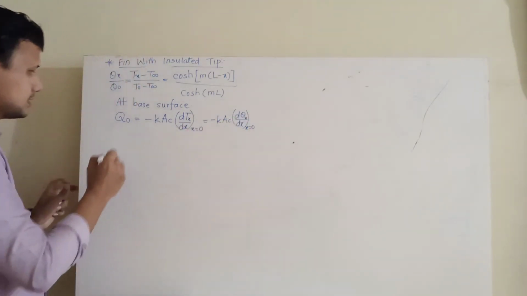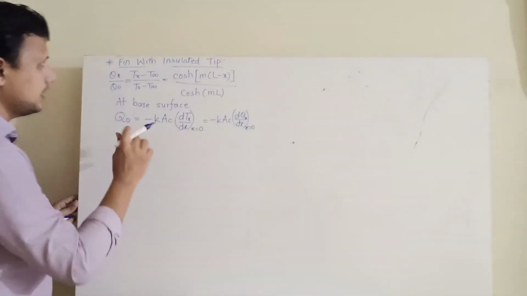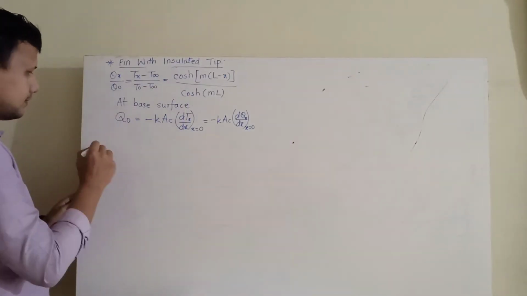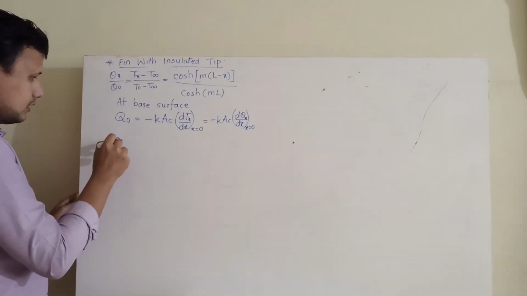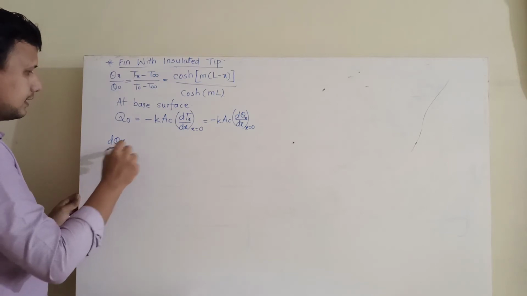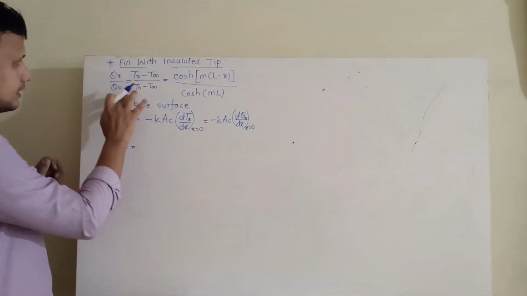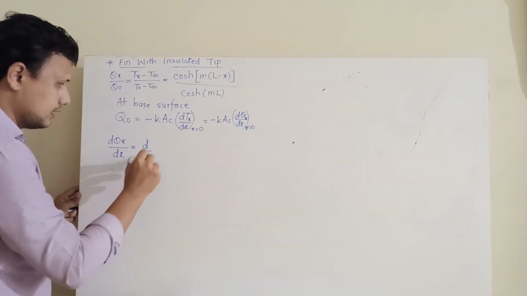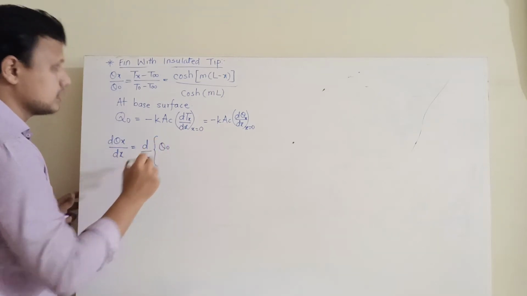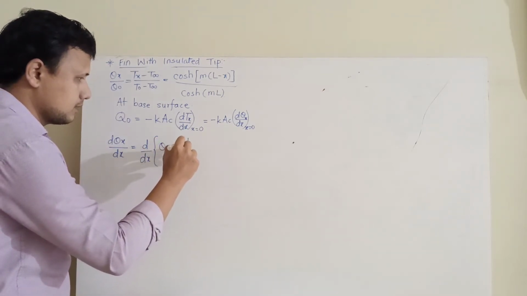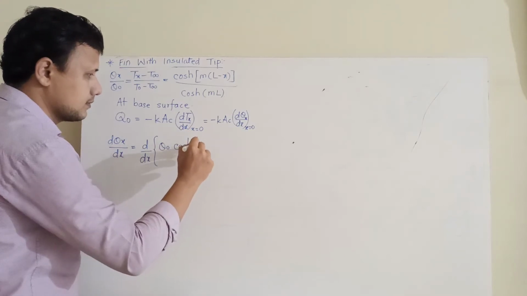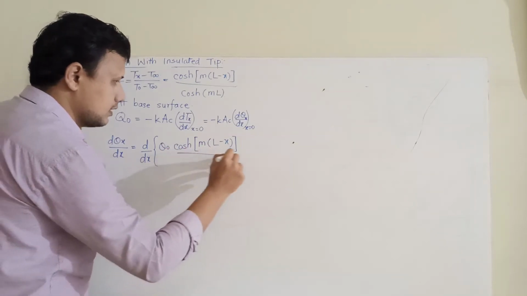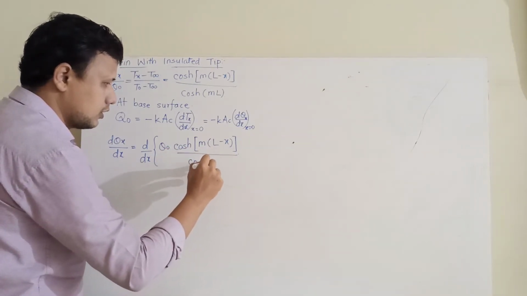So we will see what exactly is this dθ/dx when we have this temperature distribution now. From here we can write dθ/dx is equal to, we can take θ0 on the other side, it will be d/dx of θ0 times cosh of m(L minus x) divided by cosh of mL.